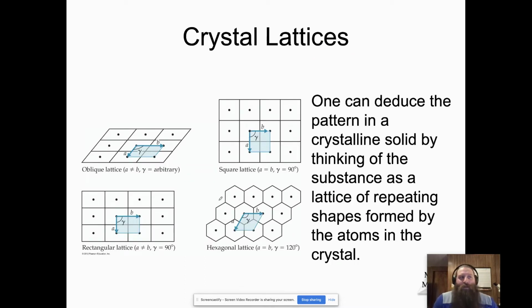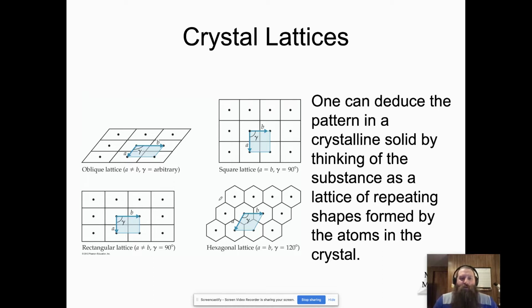Now, crystal lattices, which are the individual shapes that form in these crystals, are really complicated three-dimensional structures. So in order to break them down, we break the substance down into just what is the repeating pattern that is present.